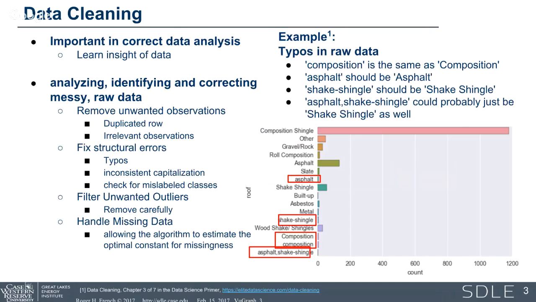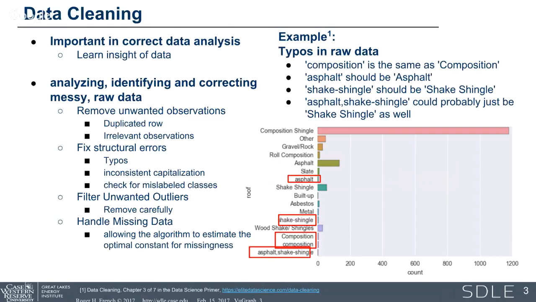So first, I'm going to talk about data cleaning. Data cleaning is actually a very important part of data analysis. Usually it can cost like 80% of the time of the whole data analysis.